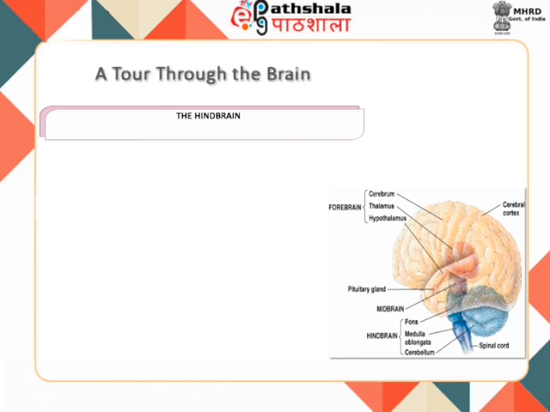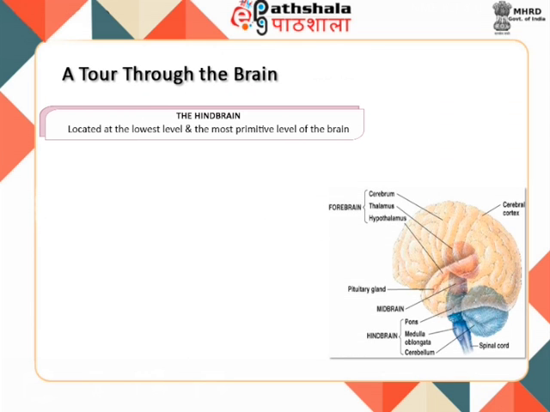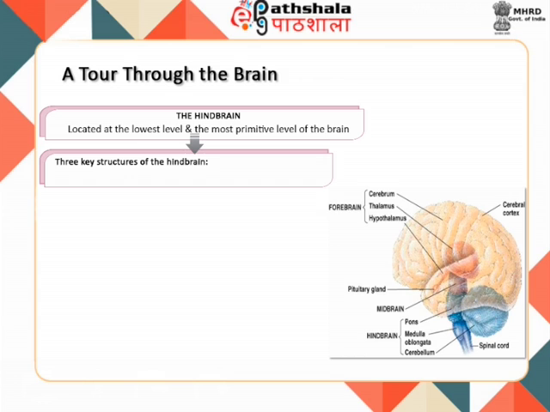The hindbrain is located at the lowest level and is also the most primitive level of the brain. Three key structures of the hindbrain are the pons, medulla, and cerebellum. The structure of the brain stem consists of the pons and medulla. They support the vital life functions.